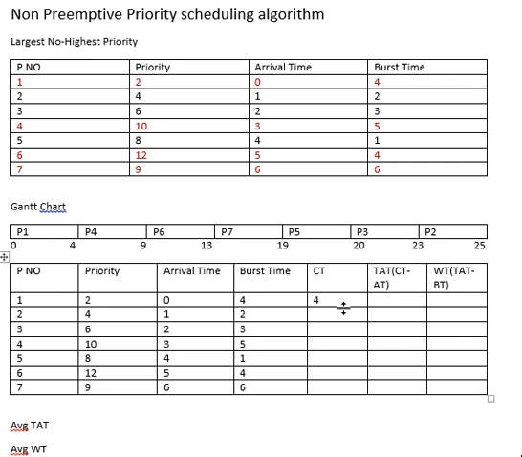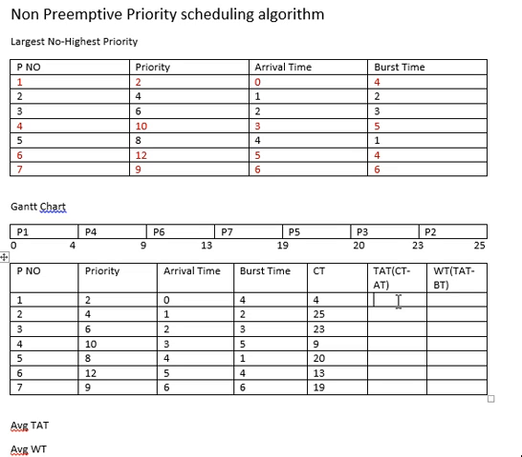For P2 it's 25, for P3 it's 23, for P4 that's 9, for P5 it's 20, for P6 it's 13, and for P7 it's 19. So that's all your completion time.